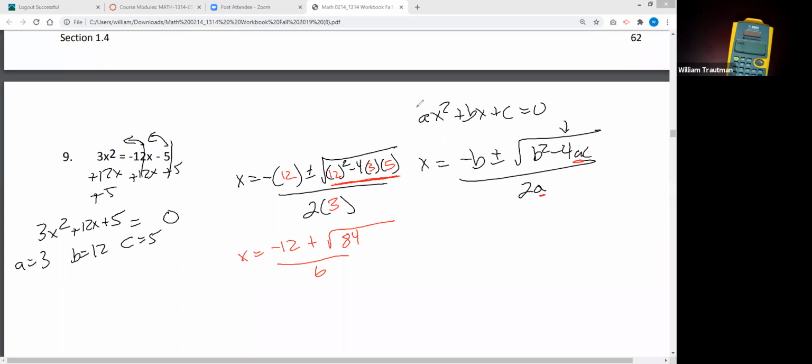I'm going to do this in our calculator. Negative 12 plus square root of 84 over 6. Oh, by the way, it's not just plus, it's plus or minus. Let's see what happens if I'm just going to put the plus into my calculator.